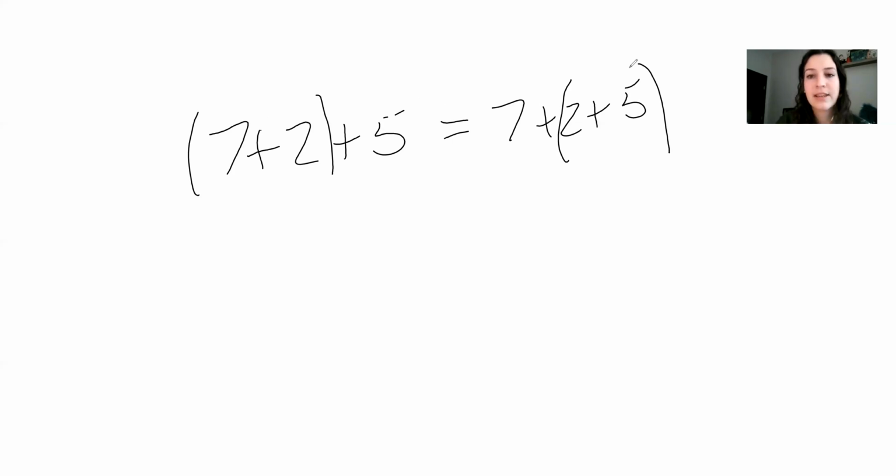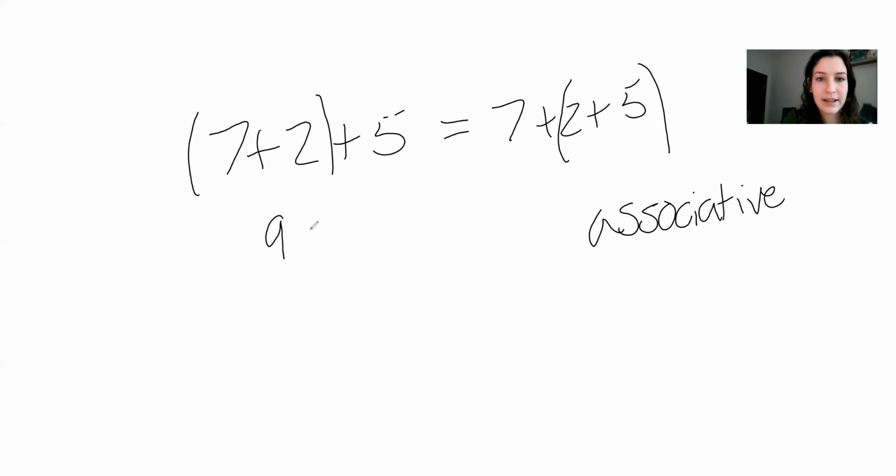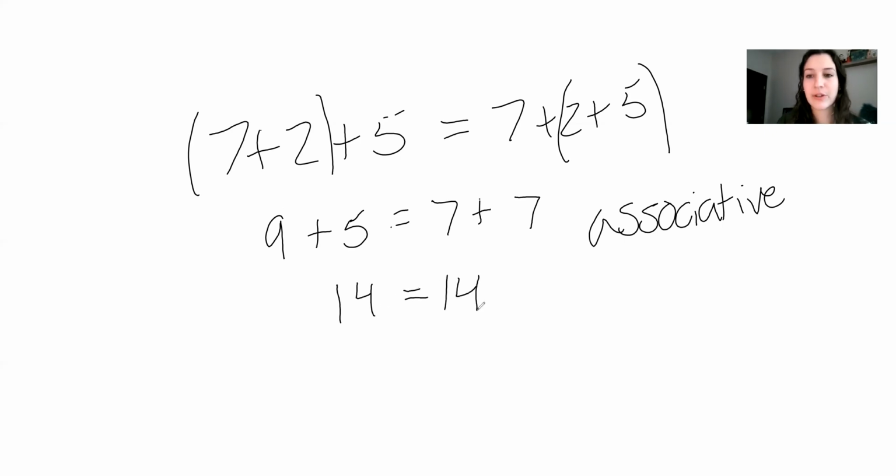Yeah, so this is the associative. Let's just double check that this makes sense. So let's solve the parentheses first due to order of operations. (7 plus 2), that's 9, plus 5 on the left-hand side, and then 7 plus, in the parentheses, we have 2 plus 5, which is 7. Solve both sides, we get 14 equals 14, so we see how the associative property works right here.